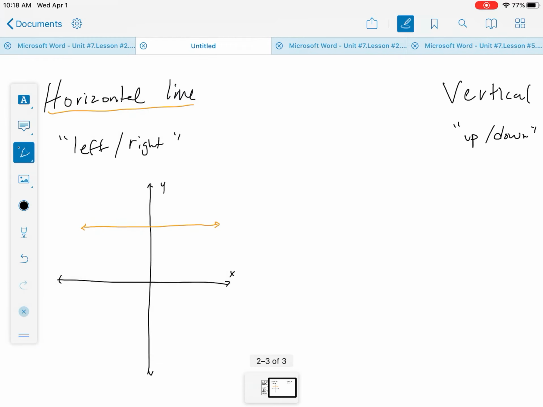Now, I want to know, where does this line cross the y-axis? Well, let's estimate. 1, 2, 3, 4, 5. About where y is equal to 5. Okay, so y equals 5 on that point that I just plotted.